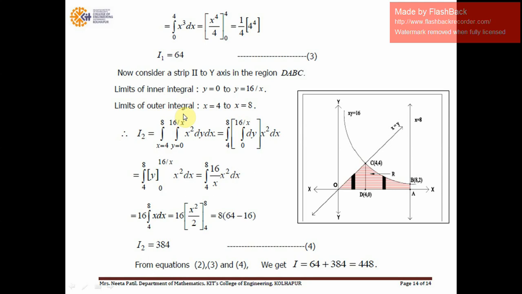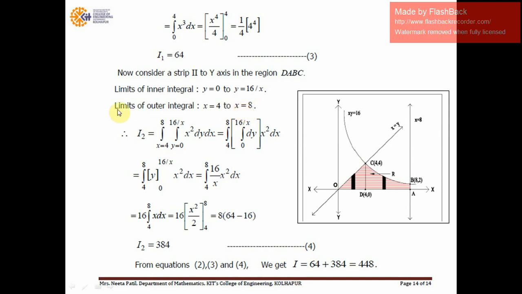Now to get the limit of the outer integral, in the region of integration we move this strip from point D to point A. When you move this strip from point D to point A, the value of x varies from x is equal to 4 to x is equal to 8.